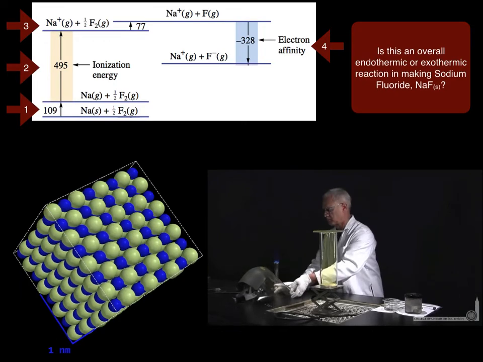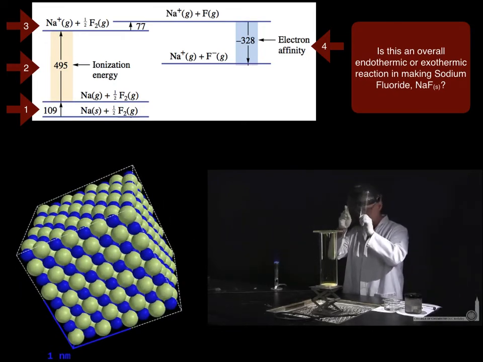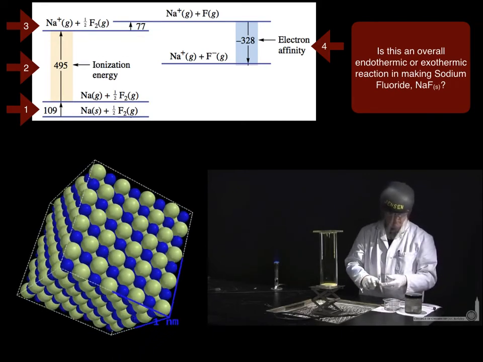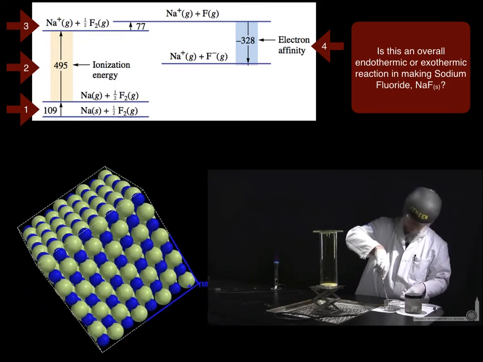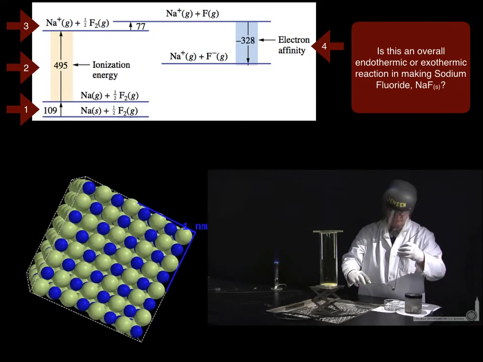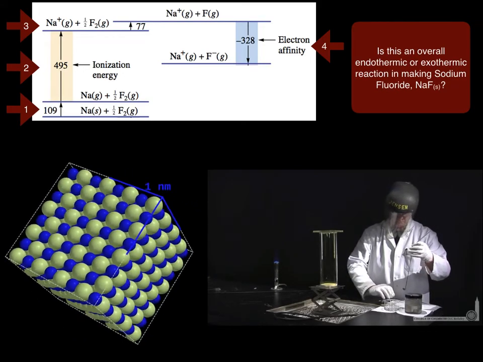We begin our example with solid sodium metal and molecular fluorine gas. The first movement necessary is to sublimate the sodium metal so that sodium might exist in the gaseous state. This value is a positive 109 kilojoules per mole.